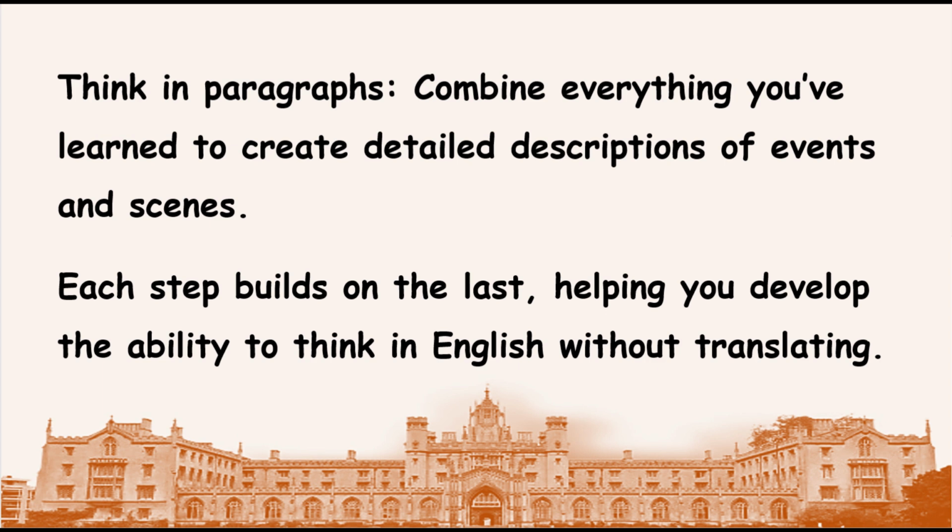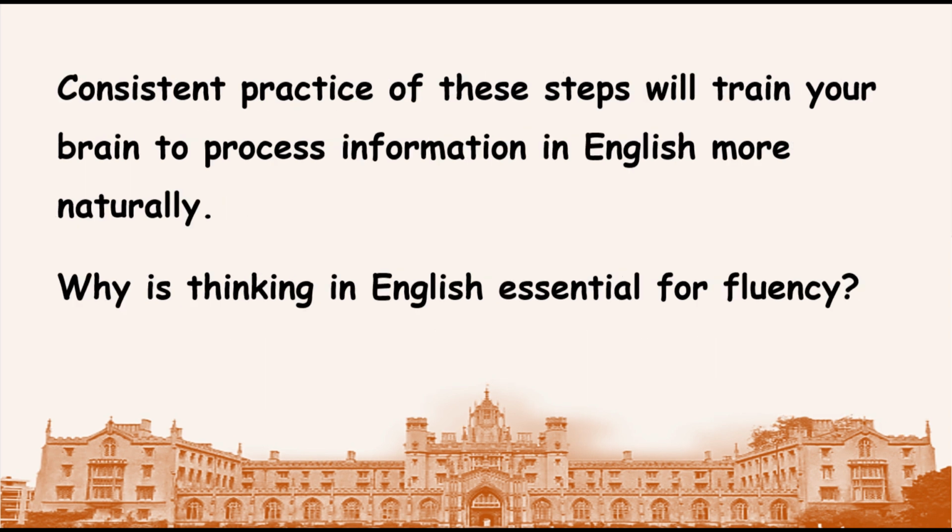Think in paragraphs. Combine everything you've learned to create detailed descriptions of events and scenes. Each step builds on the last, helping you develop the ability to think in English without translating. Consistent practice of these steps will train your brain to process information in English more naturally.